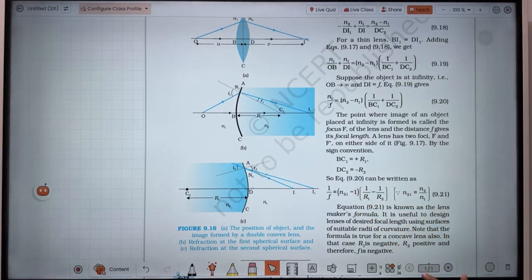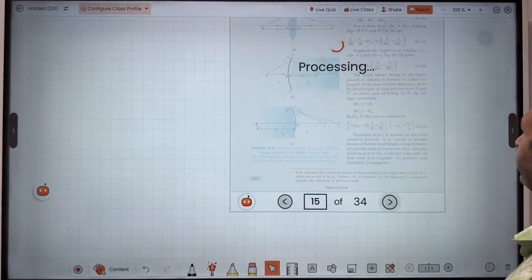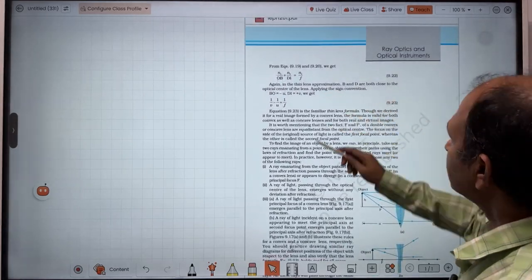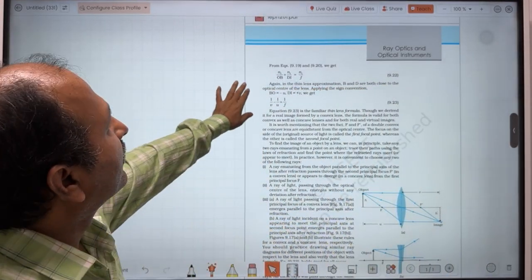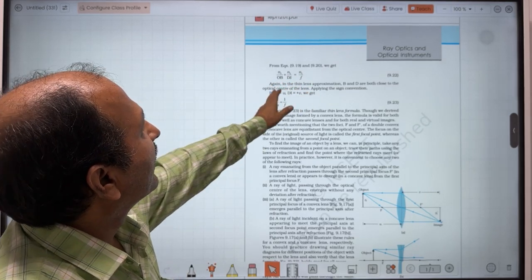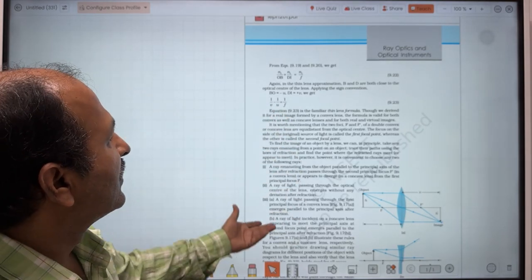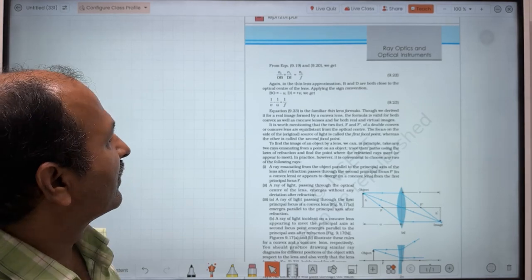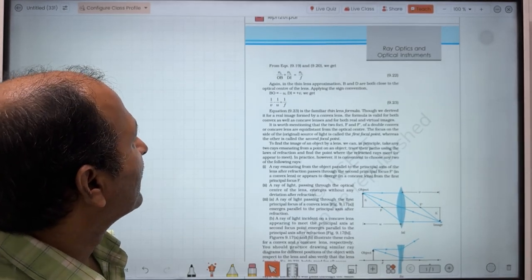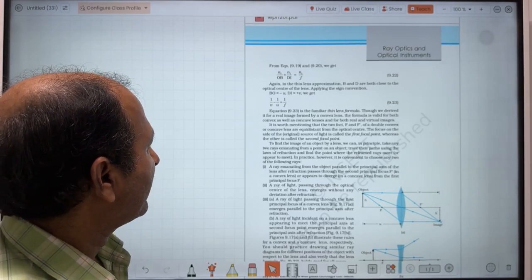But we know 1 upon V minus 1 upon U equal to 1 upon F. So in place of this, we can write 1 upon V minus 1 upon U. N1 upon OB plus N1 upon DI is N1 upon F, which we have taken, and for thin lenses we write 1 upon V minus 1 upon U equal to 1 upon F. So the previous equation that we have got, 1 upon F equal to mu minus 1 times 1 upon R1 minus 1 upon R2, is called the lens maker's formula.